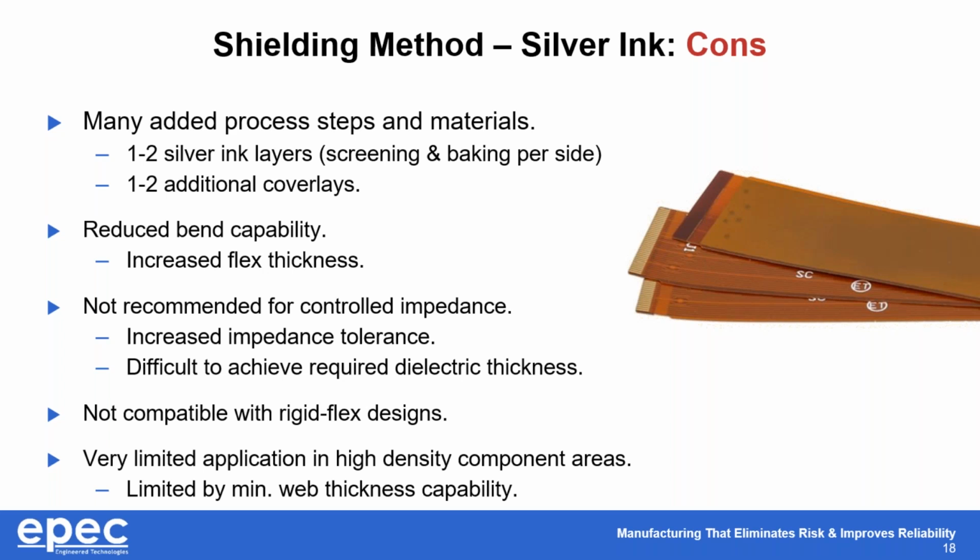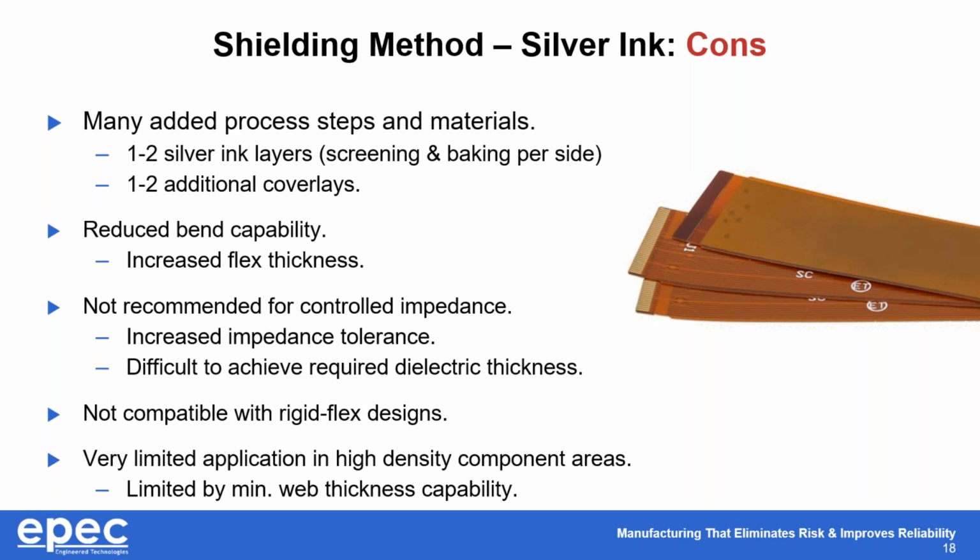If you do it, it's going to necessitate increasing the impedance tolerance beyond the traditional plus or minus 10%. In the past, I've seen it having to be spec'd in the plus or minus 15 to 20%.